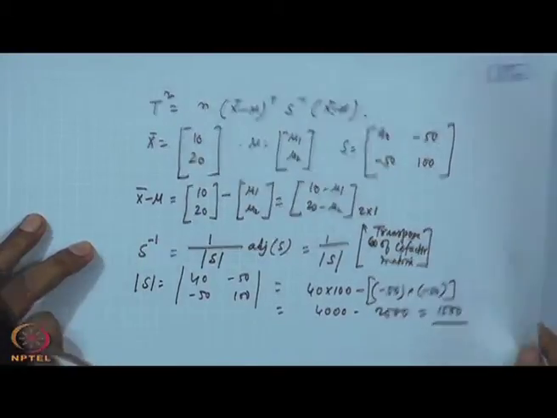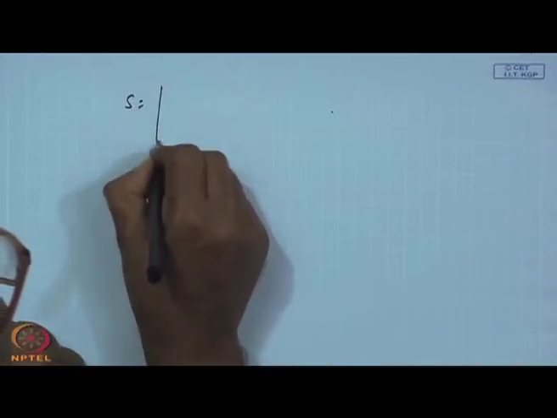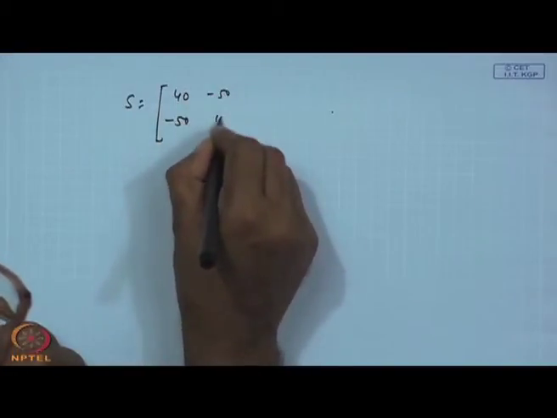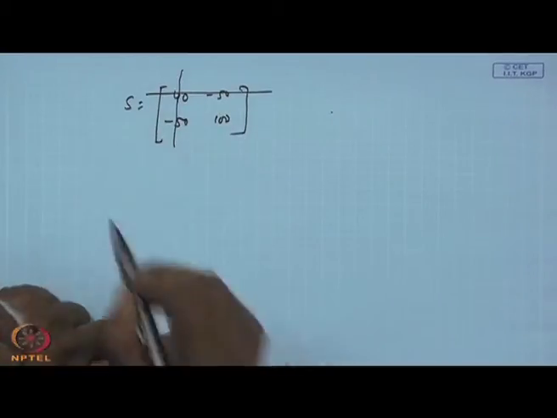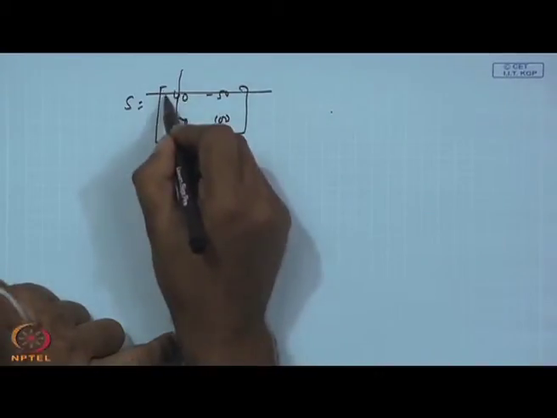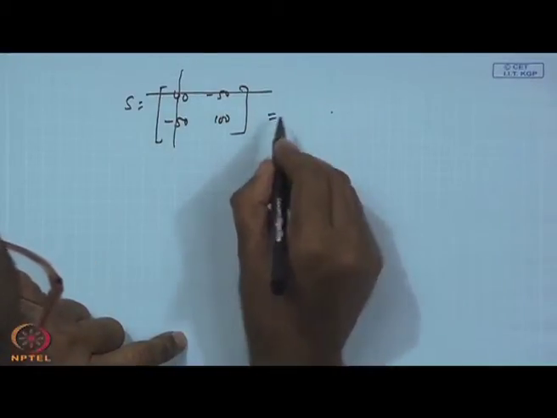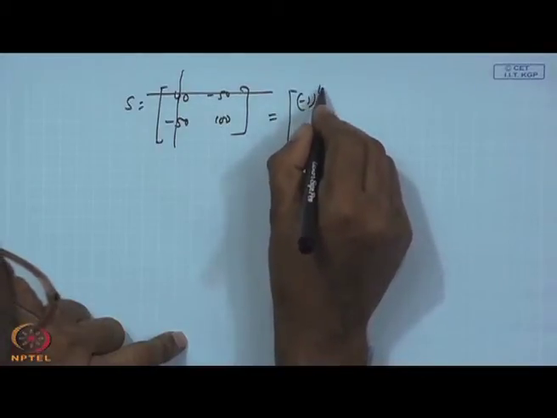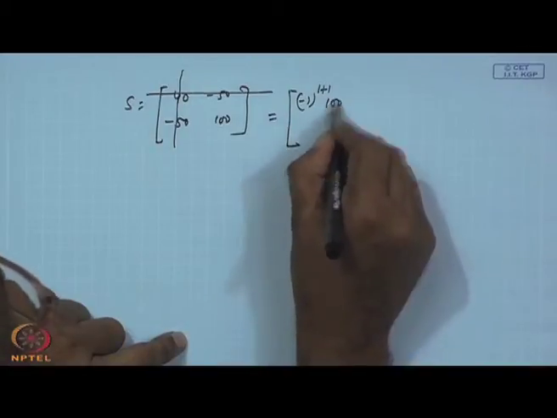Okay. Now, see the transpose of the cofactor of S. S is 40, minus 50, minus 50 and 100. When you find the cofactor for a particular element, you have to cross out that particular row and column. So ultimately, for row 1 column 1, minus 1 to the power 1 plus 1, what remains is 100.